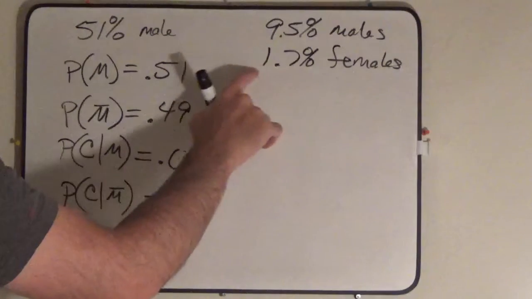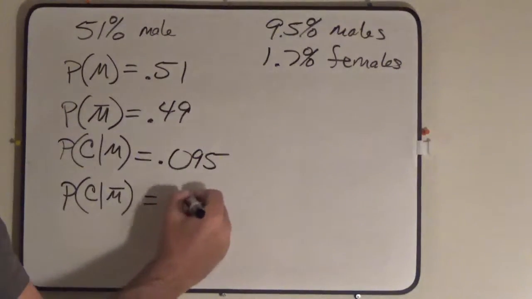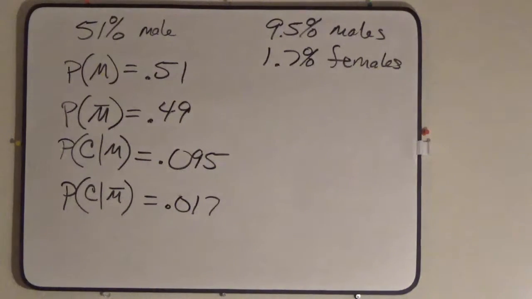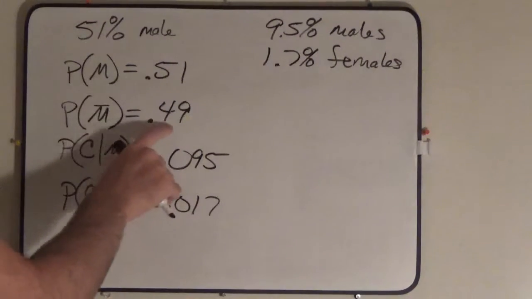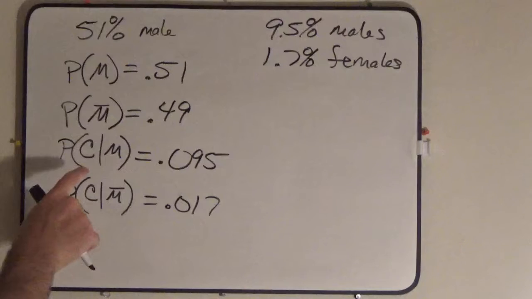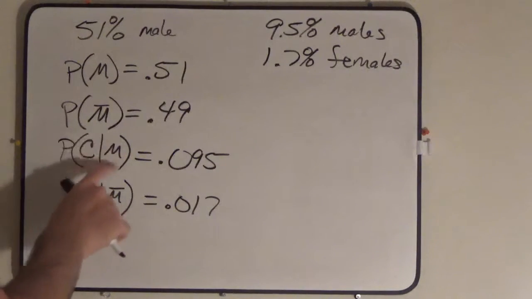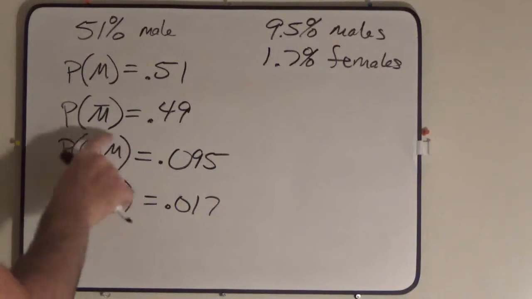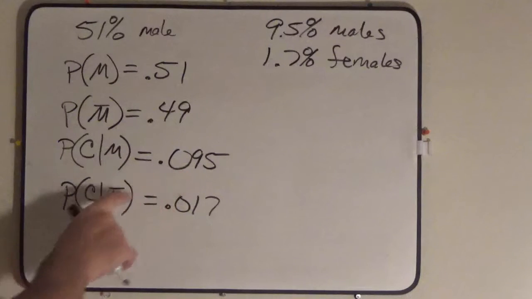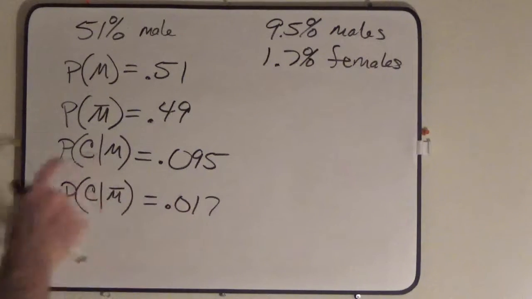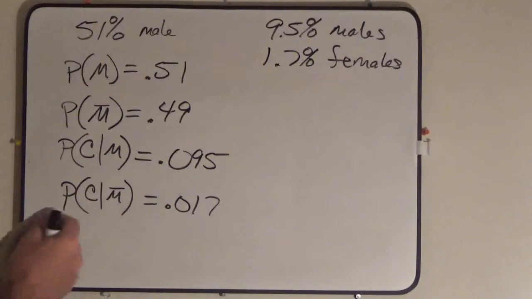Our females, move the decimal twice to the left, is 0.017. This is all the information we need to be able to plug it into Bayes' theorem now. I found the original probability, its complement, and the new information's probability for males and for females, and now we can plug this into Bayes' theorem.